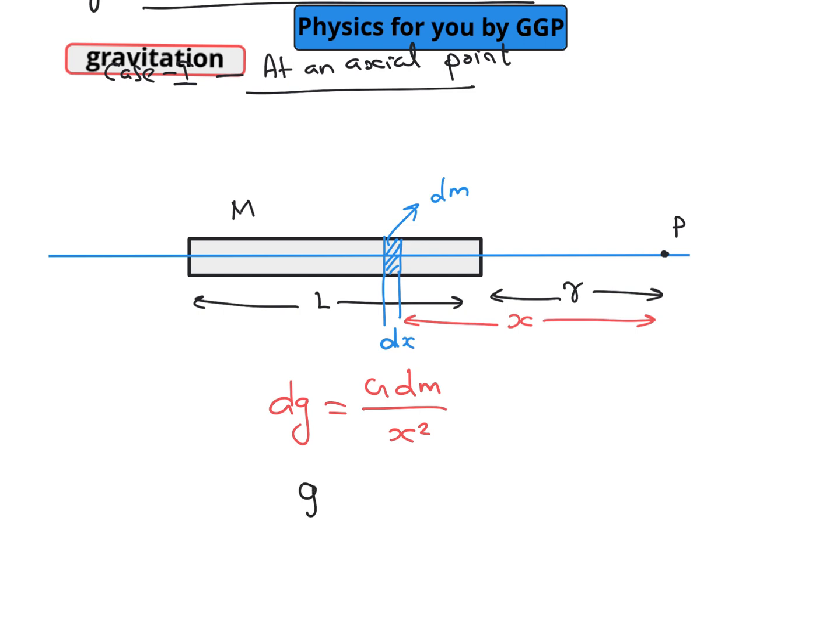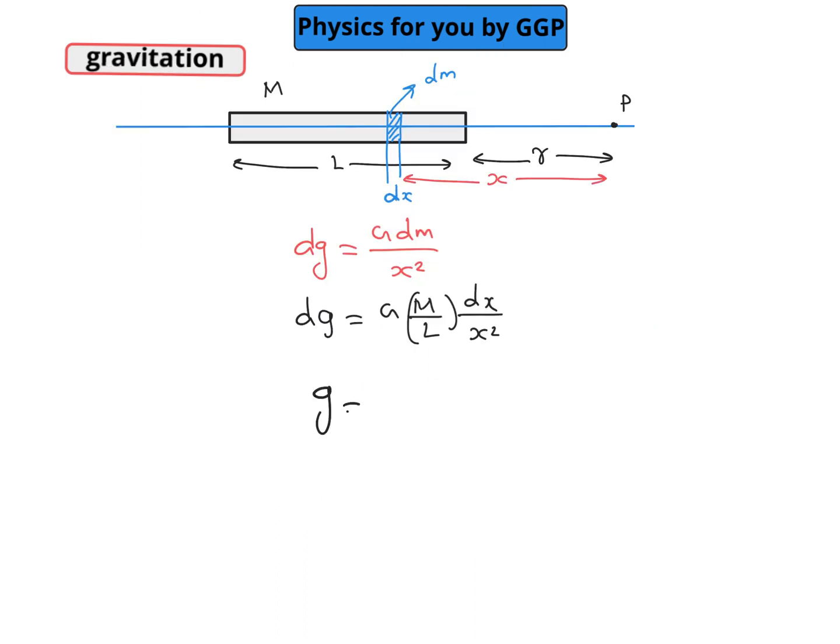So you can write the value of dg is equal to G into dm, where dm represents the mass of this small element, that we can take as total mass M divided by total length L into the length of that small portion, which is dx, divided by x square. And if you'd like to find the total gravitational field at point P, we can integrate GM divided by L into 1 by x square dx.